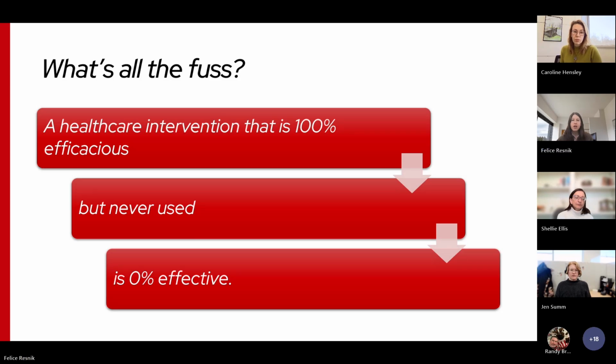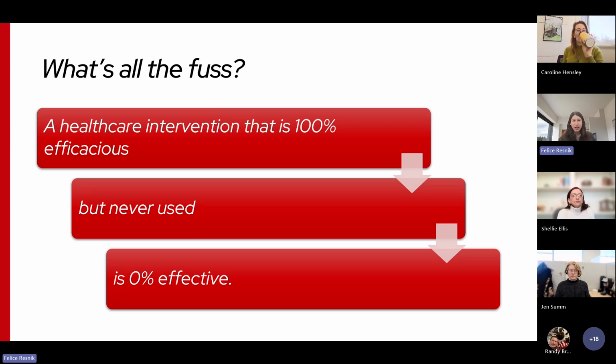A previous director colleague always gave an example of bed alarms for falls. Back in the early to mid-2000s, bed alarms in hospitals were a very common practice to try to reduce falls among older adults or folks with disabilities in hospital settings. But the effects of them were not great.